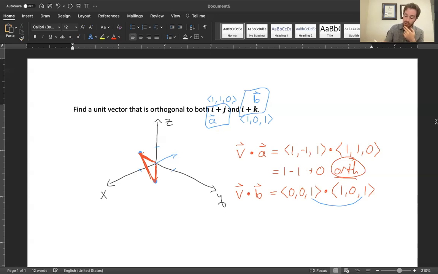And now if we replace V with that here, 1, -1, and 1, well, now we're running into trouble a different way, because this is going to end up being 1 plus 0 plus another 1. And it's like, oh man, you always run into problems no matter what you try.